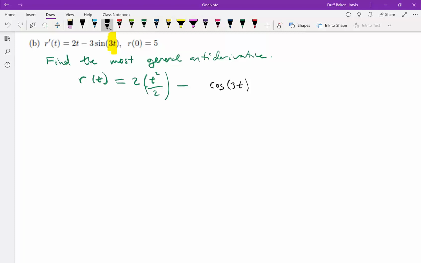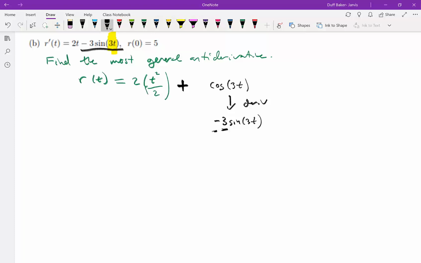And if you just take the derivative of cosine of 3t, you'll see that it's minus 3 sine of 3t, right? There's a chain rule that gives you an extra 3. But we like the 3, and we like the minus sign, right? So that means this should actually just be a plus. Right, because the derivative of cosine 3t is, in fact, minus 3 sine of 3t.